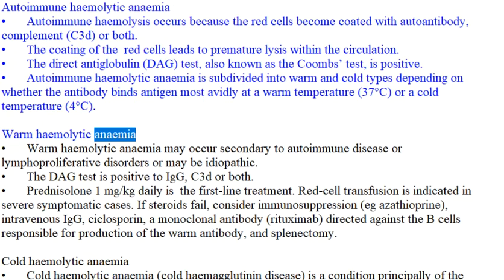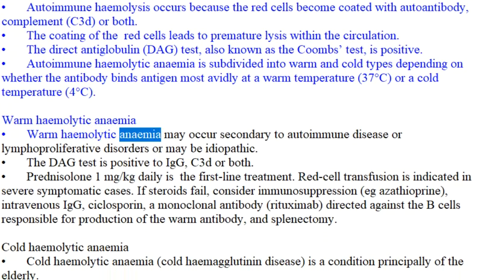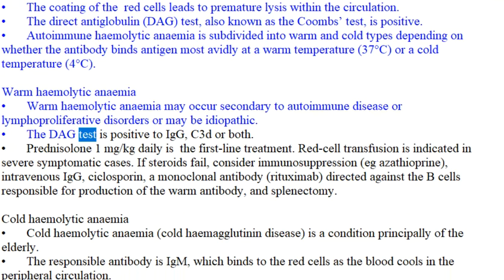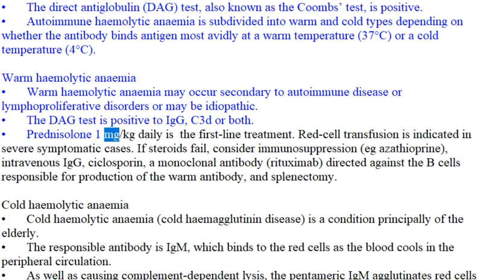Warm hemolytic anemia. Warm hemolytic anemia may occur secondary to autoimmune disease or lymphoproliferative disorders or may be idiopathic. The DAG test is positive to IgG, C3d or both. Prednisolone 1 mg/kg daily is the first-line treatment.